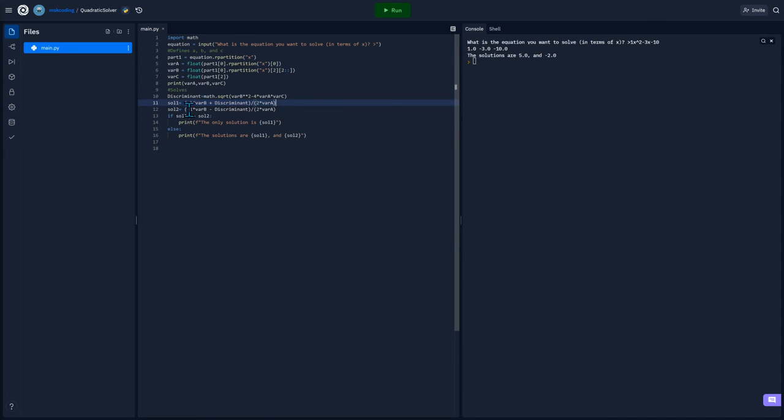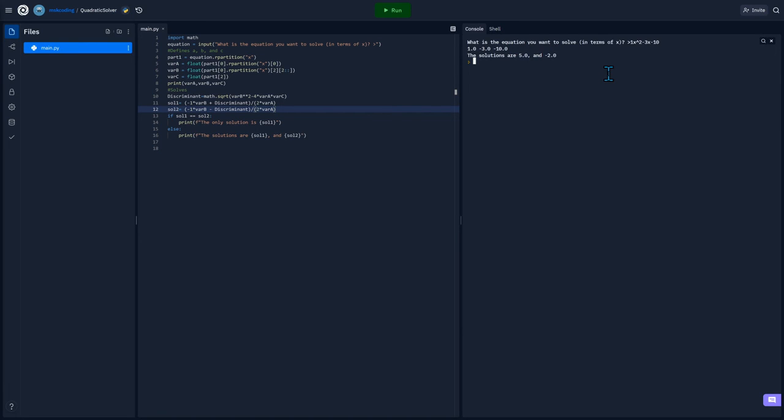Then 3 minus 7 is minus 4, and minus 4 over 2 is minus 2. And so if you look at the solutions, they're 5 and minus 2. So you can see that this program works.